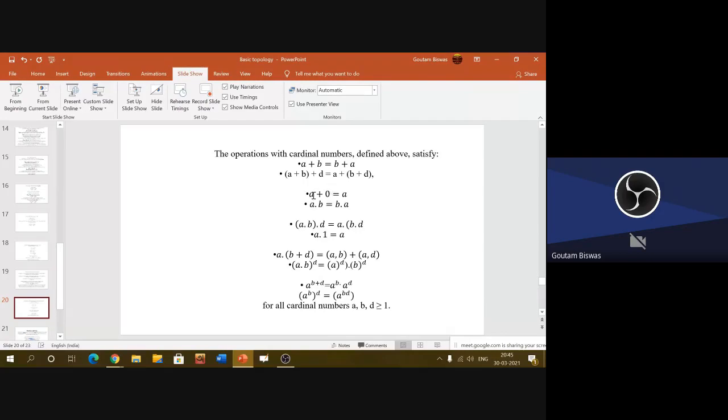This is the additive identity, and this is the multiplicative commutation, then this is the multiplicative distribution, and this is the multiplicative identity. This is the distribution property, and this is the exponential property. So for all these cardinal numbers A, B, D greater than or equal to 1.